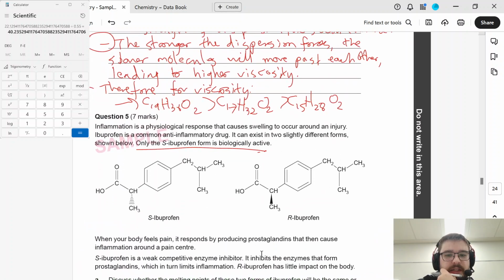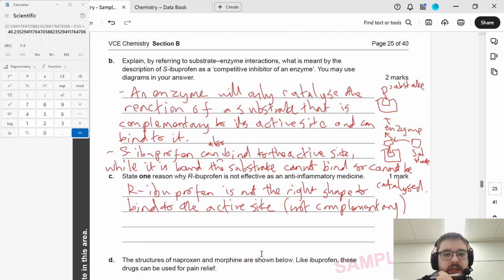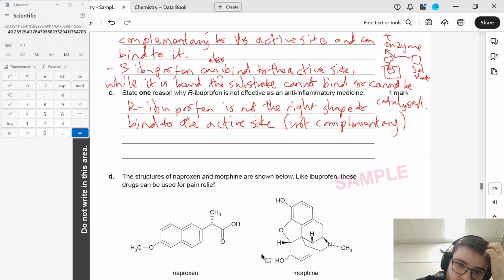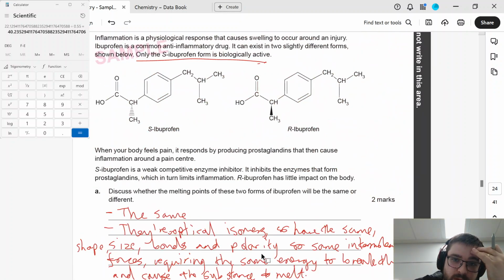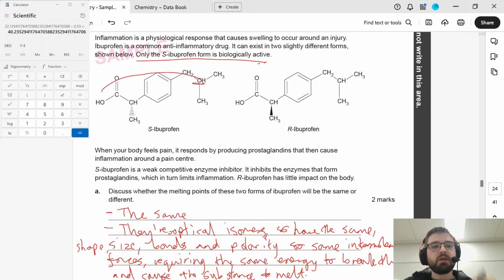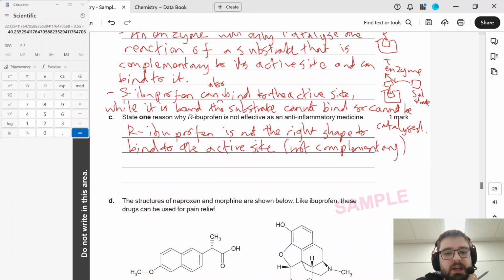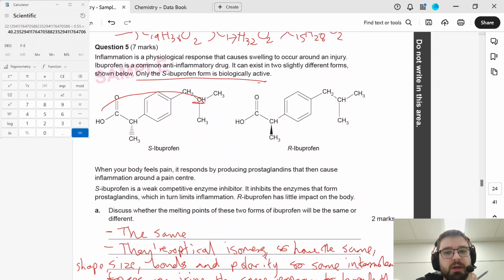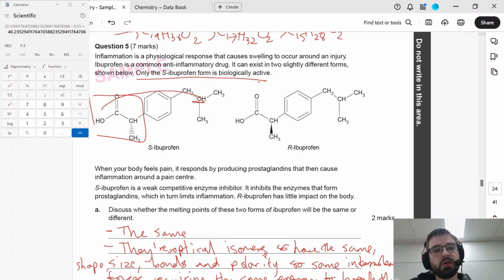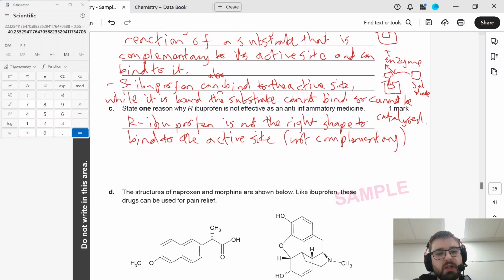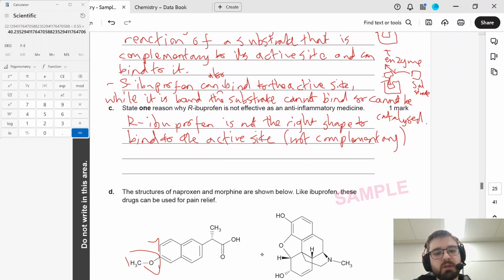So looking at these guys, and then looking at these guys, the naproxen just looks like the other ones, right? As in, if you rotate it 180 degrees around that way, you've got a carboxylic acid with a methyl group hanging off it. So this bit here actually looks very similar to the S-ibuprofen. It's got an extra ring, and it's got an ether over here. So this bit's a bit different, but this bit is basically the same.